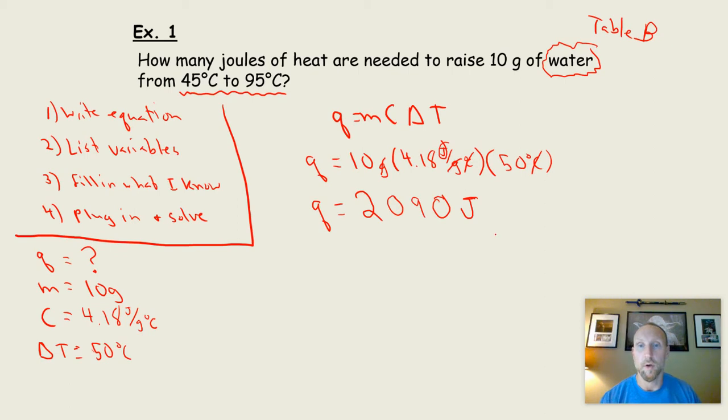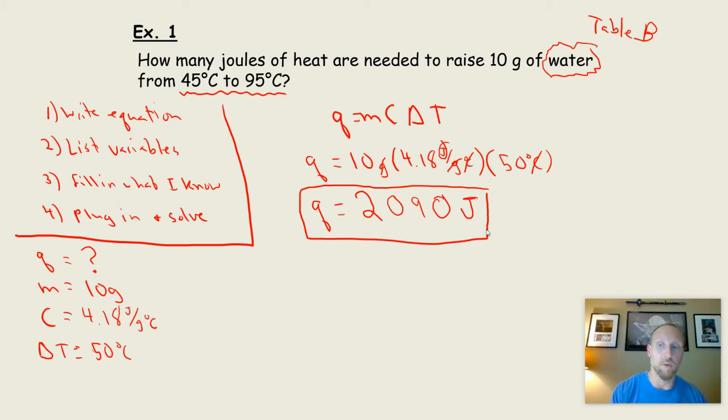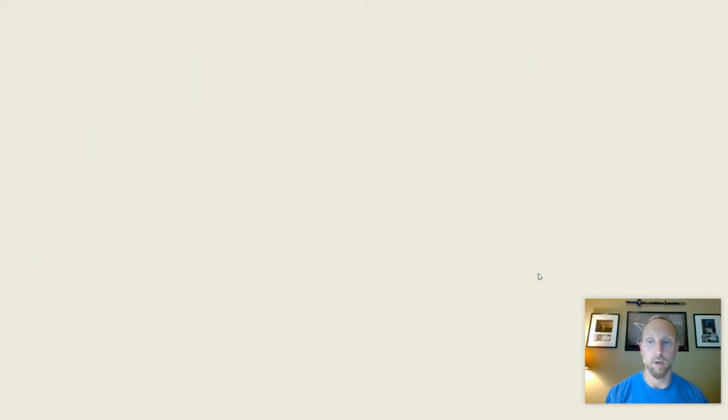So if you carry your units throughout the calculation, you'll get your final units. And this is the answer. We measured exactly how much energy is needed to raise 10 grams of water from 45 degrees to 95 degrees. It takes exactly 2090 joules of energy to do that. Okay, let's try one more, and then you can go work on the worksheet on your own.